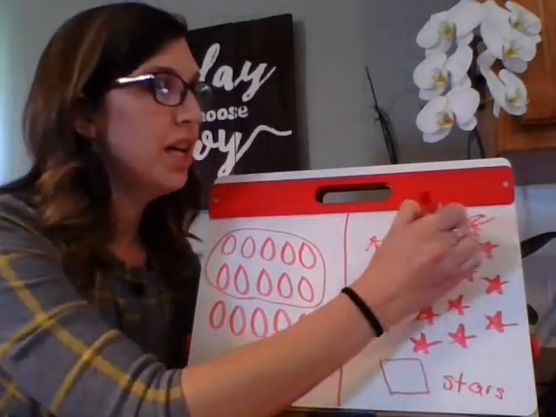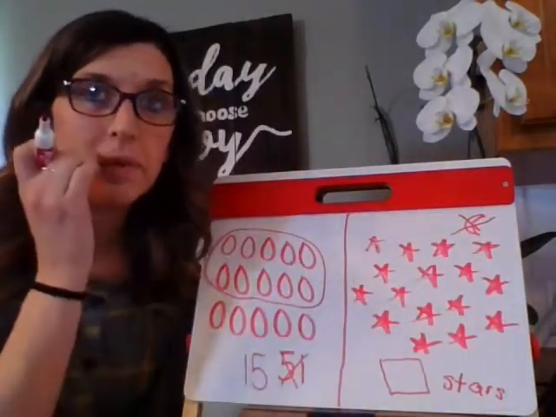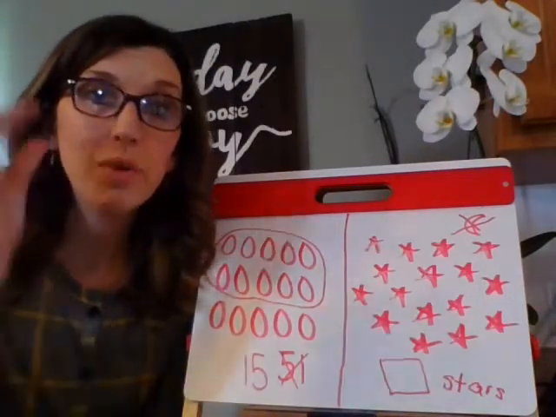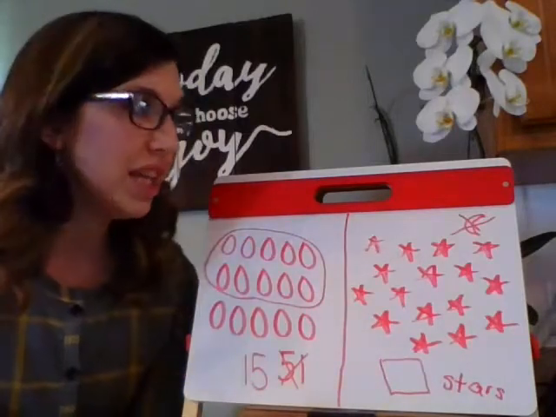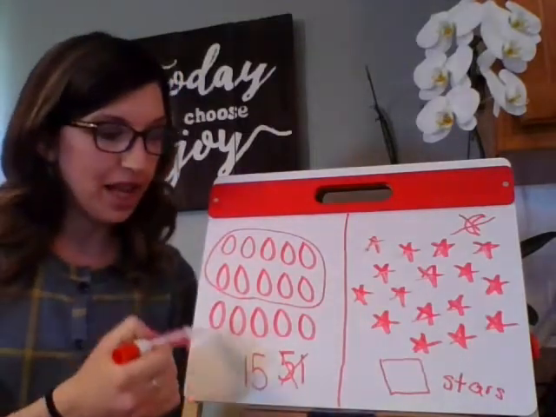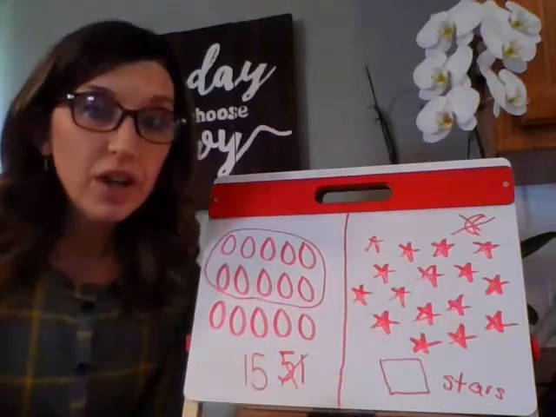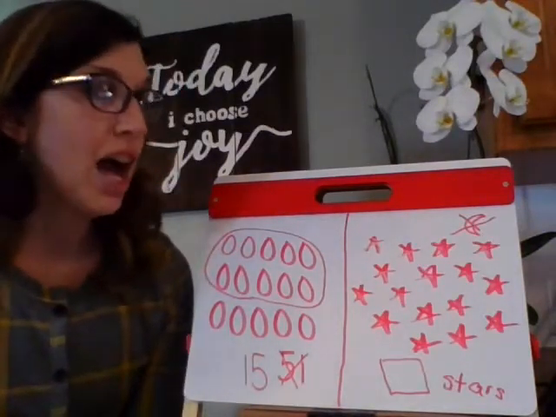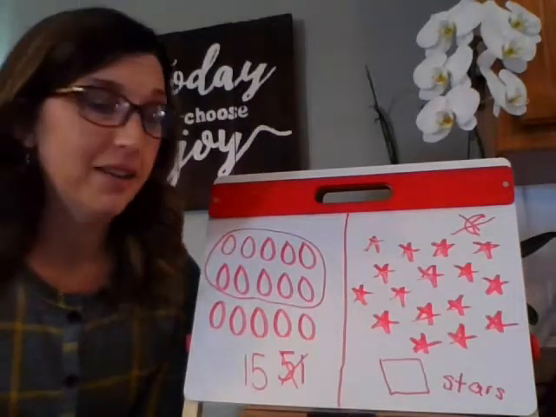We know the moon does not belong. Next, we have to use a strategy to count how many stars we have all together. The easiest way to do this is to do it like we did over here, where first we circle a group of 10. So that's what I'm going to do this time. I'm going to first circle a group of 10.